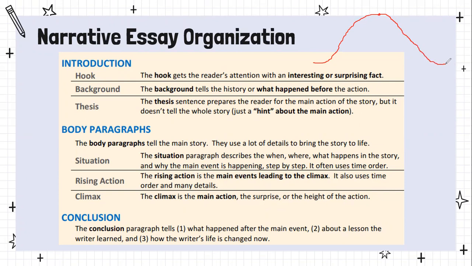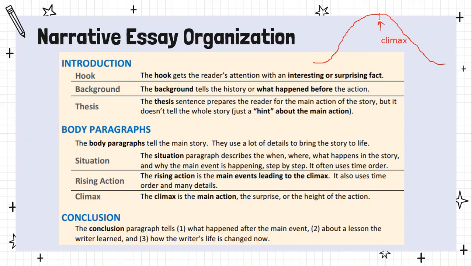And this is where my story ends. So this point is called the climax. The climax, the maximum that could happen in the story, the main action, that's the surprise, okay? So the highest point in my actions.